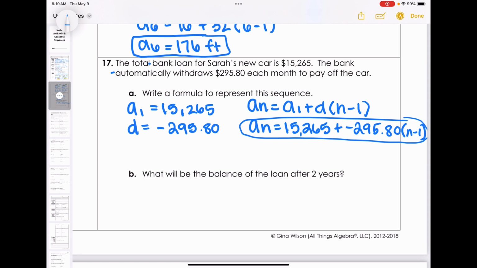So the problem's talking about months, so that's a total of 24 months. So I want to find A24.